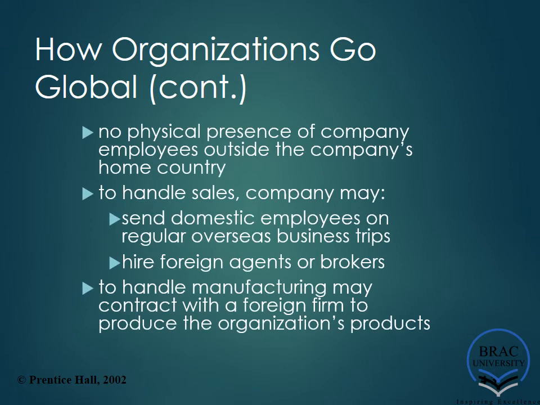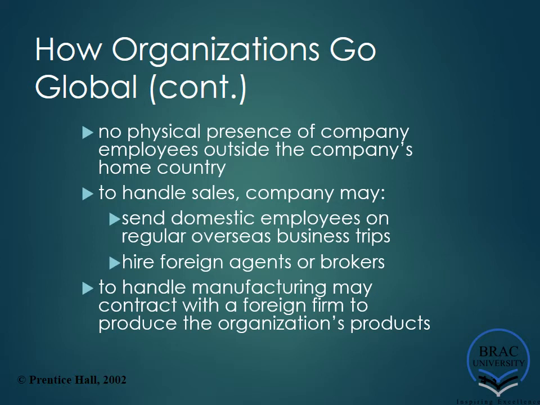Now, how do organizations go global? That means how do they get involved with export or import? In an export business, there is no physical presence of a company's employees outside the company's country.